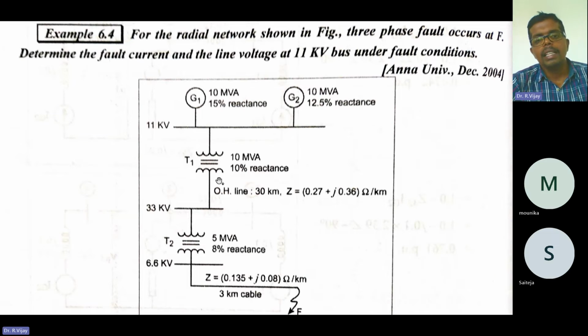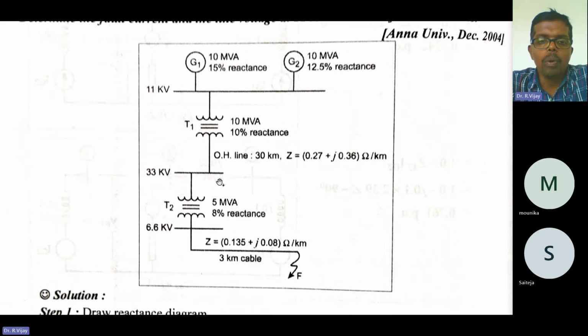Next, that overhead transmission line passes for 30 kilometers and again it is connected to a 33 kilovolt bus. That is connected to one more transformer, transformer T2, having the base MVA as 5 MVA and 8% reactance.